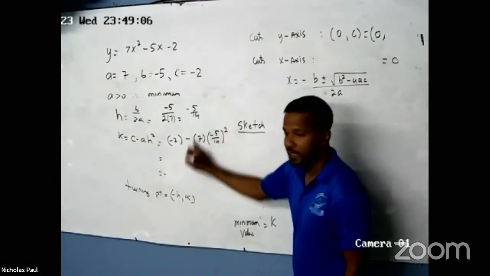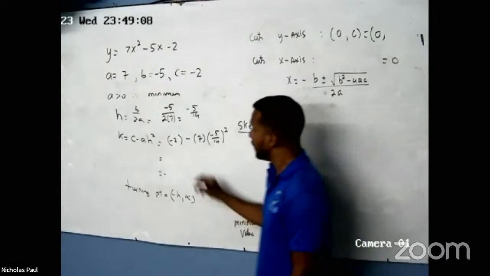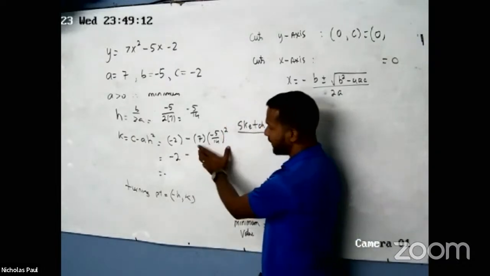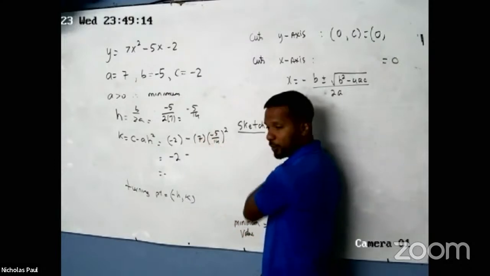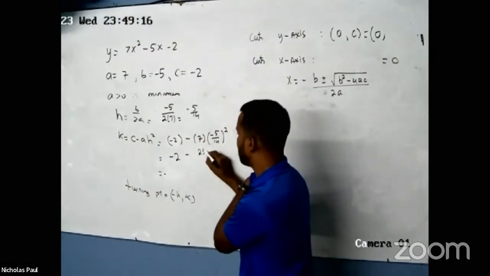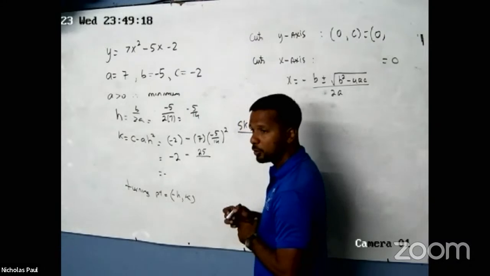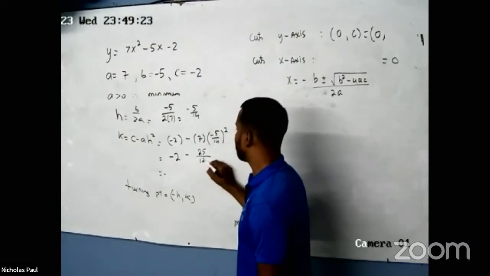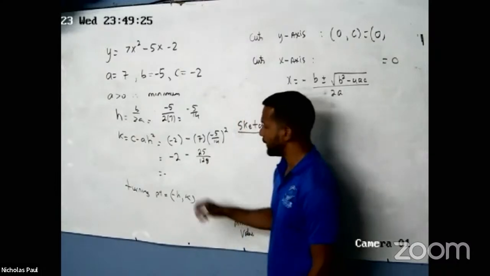Generally, here's where we make mistakes, right? So here is -2. Put this in the calculator, 7 by 5. How much do you have? 25 on 128.